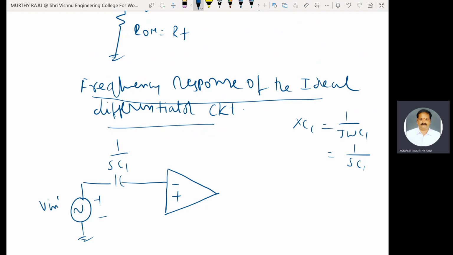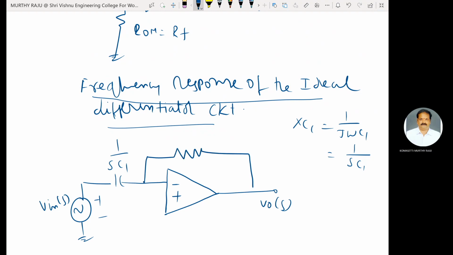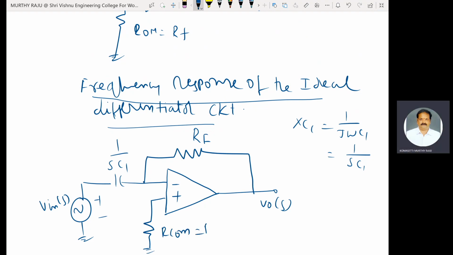V input of S, that is V0 of S. RF, R compensation, that is equal to RF. This one is VA, this one is VB. Sometimes VA is equal to V2, VB is equal to V1. A point and B point. Here V0 of S. This one is RF.